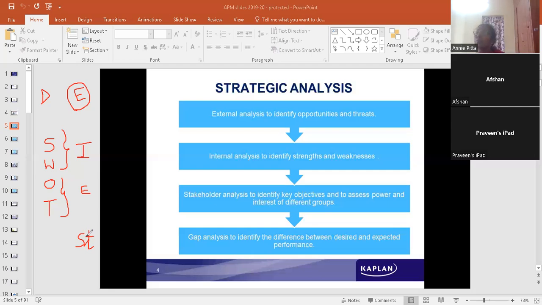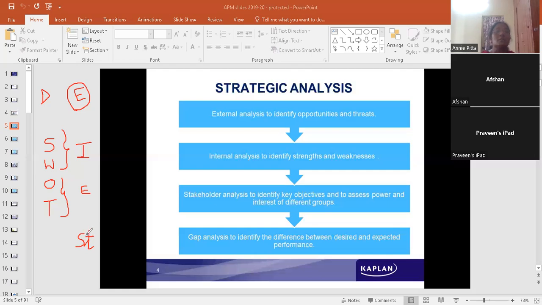So overall, we can say that an individual or a group, if they invest in the organization, we can call them stakeholders. So what the stakeholders expect should also be taken into consideration. What do they expect from the organization, etc.